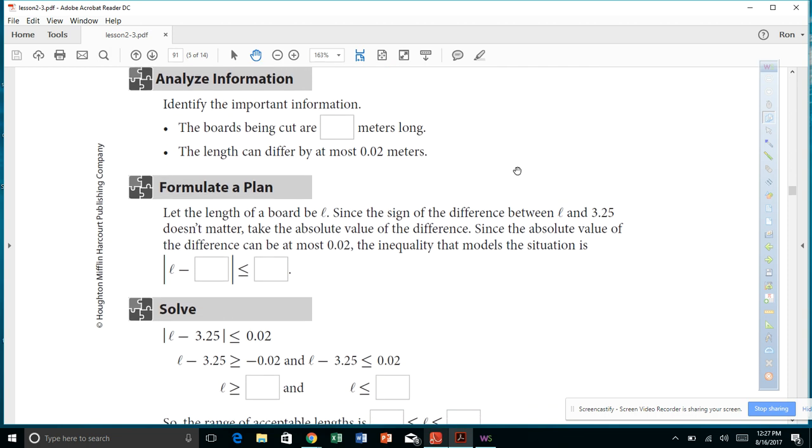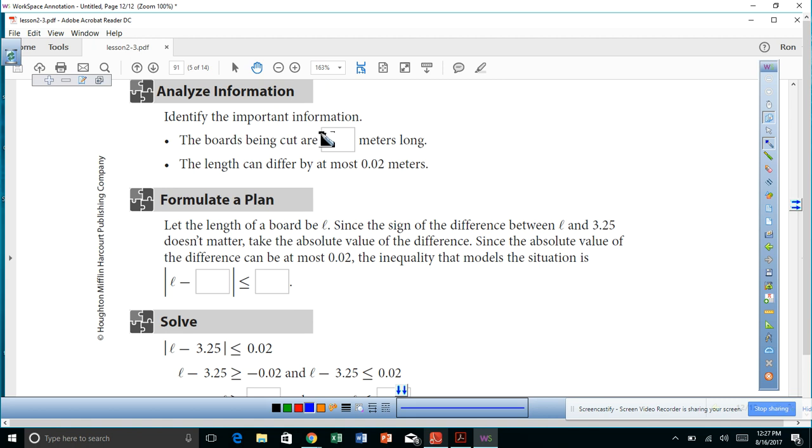Analyze information. Identify the important components. The boards are being cut 3.25 meters long. The lengths can differ by at most 0.02 meters.